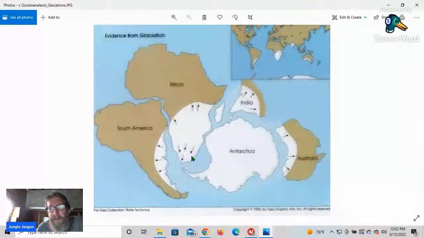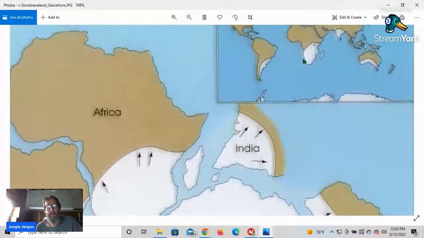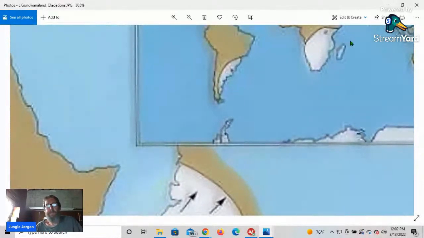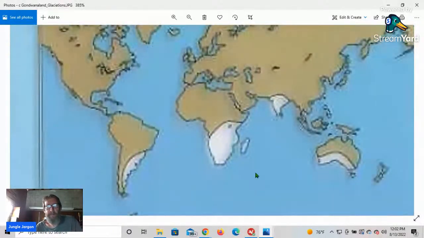So you can argue points individually, but you can't throw out all the evidence, because this is what it eventually looked like here. So all this was connected to Antarctica, the South Pole.